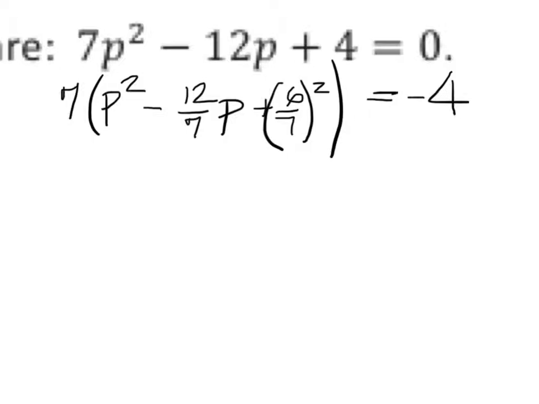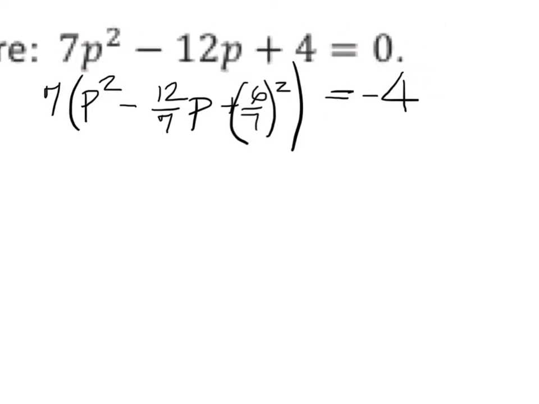What did we add? We have this, but what about this out here? You do what with it? You multiply it. So we've really added 7 times 6 over 7 squared. So that's what we're going to do on the other side. We're going to add 6 over 7 squared, or 7 times 6 over 7 squared.